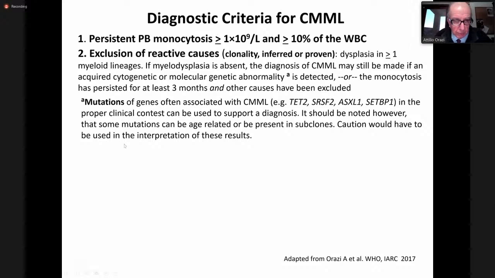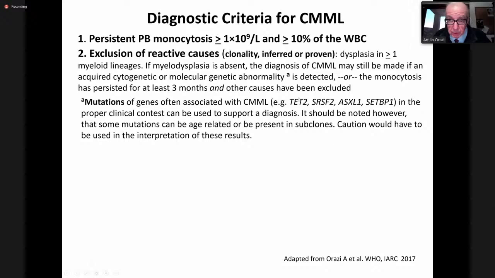So what can you do with mutation to prove clonality? Well, mutations are very common in CMML. That's a good thing for us from a diagnostic standpoint, because if you do not find mutation, it's most likely reactive. So it can be helpful. Now, the more mutations you have, the more specific the findings, the more likely the patient has CMML.